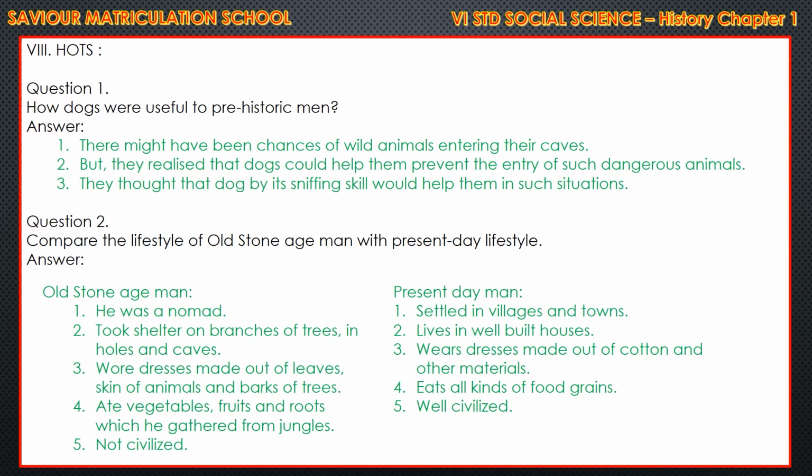Understand? But now we are eating all kinds of food grains. Okay. And the fifth point, they were not civilized at all, and we are well civilized, we are literate, and we have occupations, we are skilled in everything we developed. Okay, children. So these are the comparison of the lifestyle of old Stone Age man and present day man.